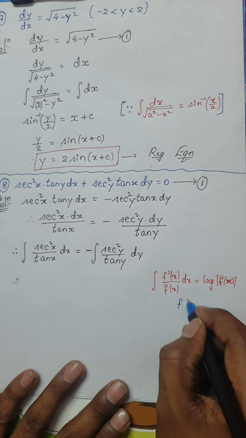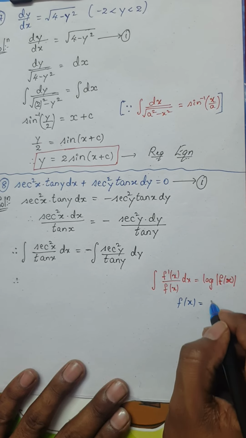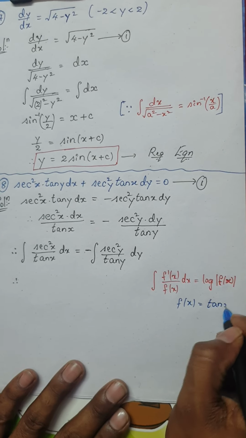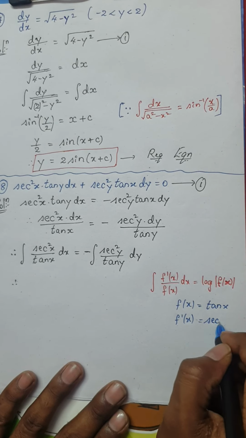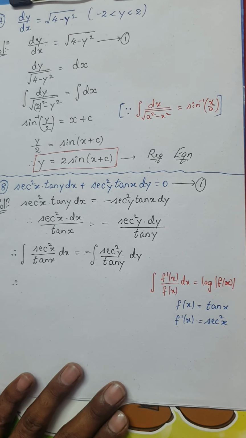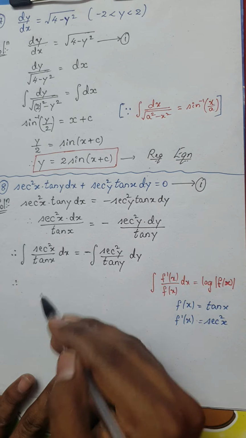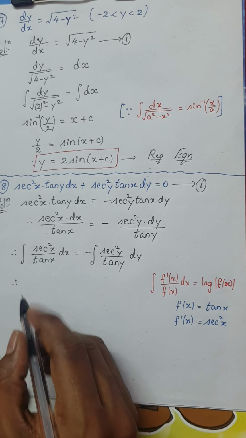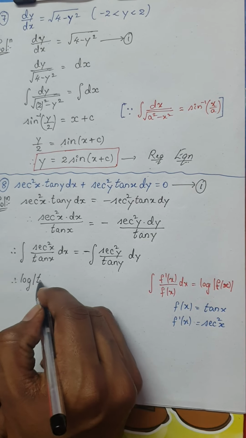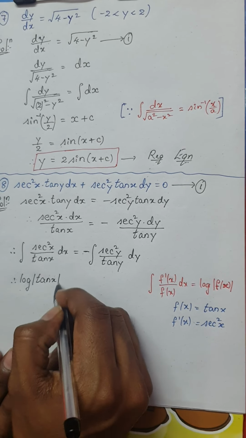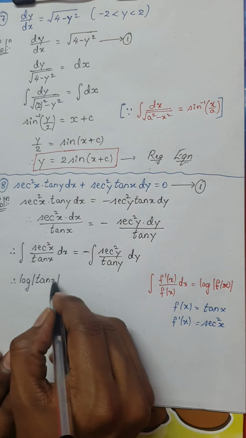If you want you can check. If I put f of x is equal to tan x, then the derivative of tan would be secant square x. Always remember, if in the denominator you have a function and the numerator is its derivative, you can simply write it as log of mod the denominator, that is log of mod tan x. Very simple.